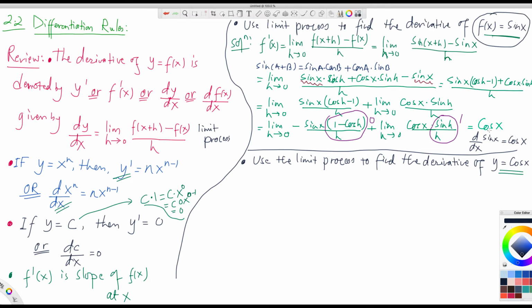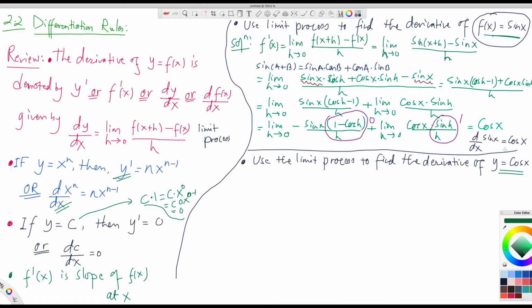Another way of writing exactly the same thing is d over dx of sine x equals cosine x. In other words, the derivative of sine x is cosine x. That d over dx is the derivative, or the prime is the derivative.